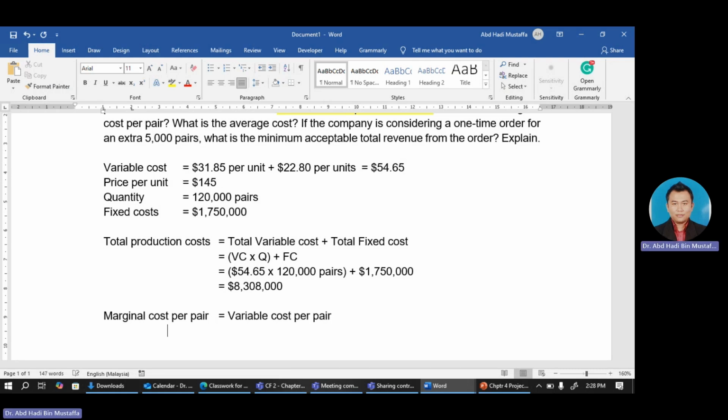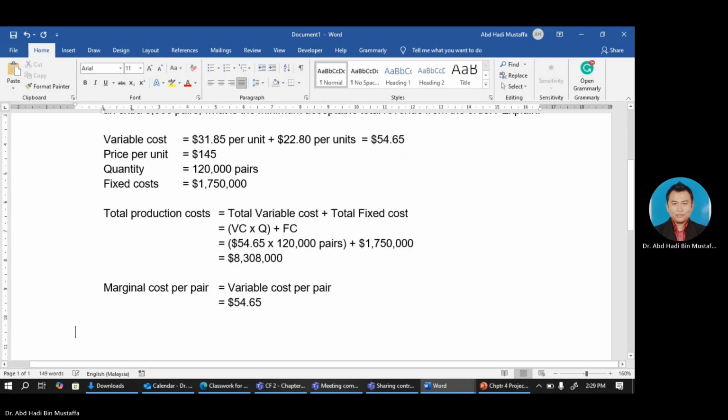So therefore it is the same as 54.65 ringgit, because marginal cost is basically the change from one unit to one unit.